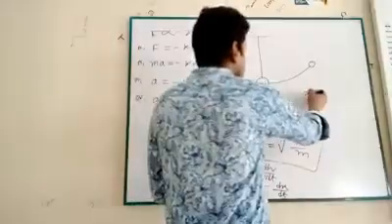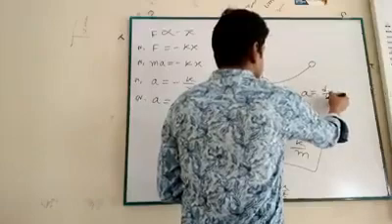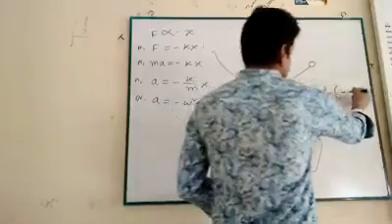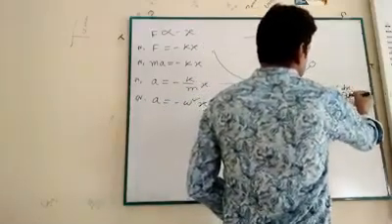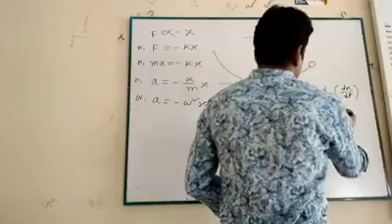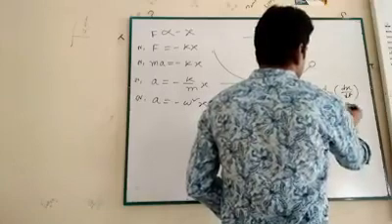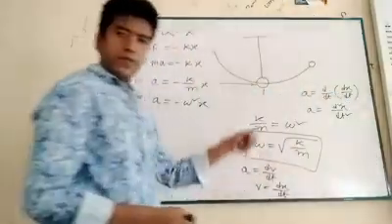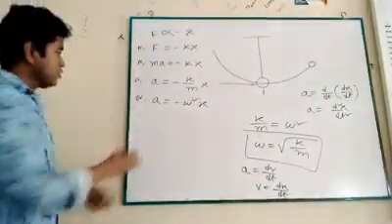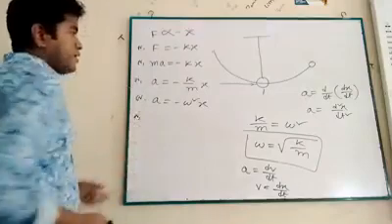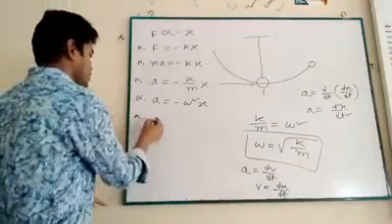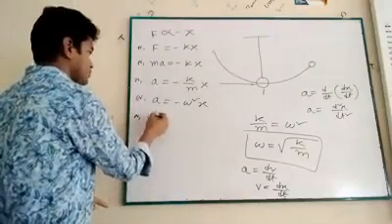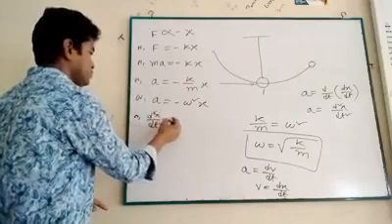Then we can finally write a equal to d by dt into dx by dt, or a equal to d square x by dt square. Okay, we can write d square x by dt square instead of a.